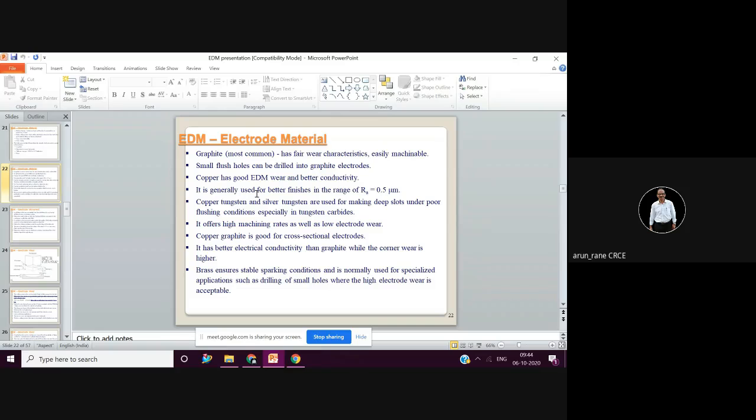These are some properties: copper has good wear, meaning the wear is less, and this is what we want. The electrode should wear less and have better conductivity. Then it is commonly used for giving better finishes in the range of 0.5 micron, that is half a micron, that is 0.0005 millimeter.